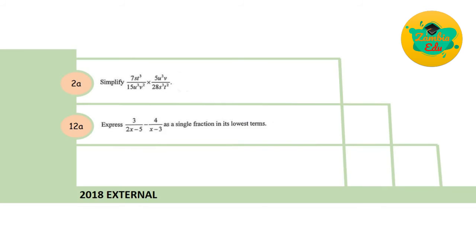2018 GCE Paper 2 Algebra question. The first question on algebra in this paper came under question 2, and it said simplify 7st to the power 3 over 15u cubic v squared times 5u cubic v over 28s3t squared.